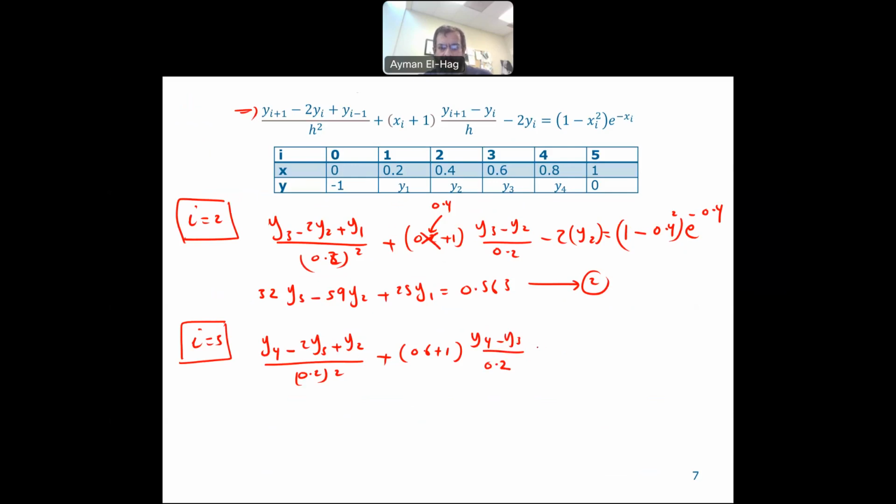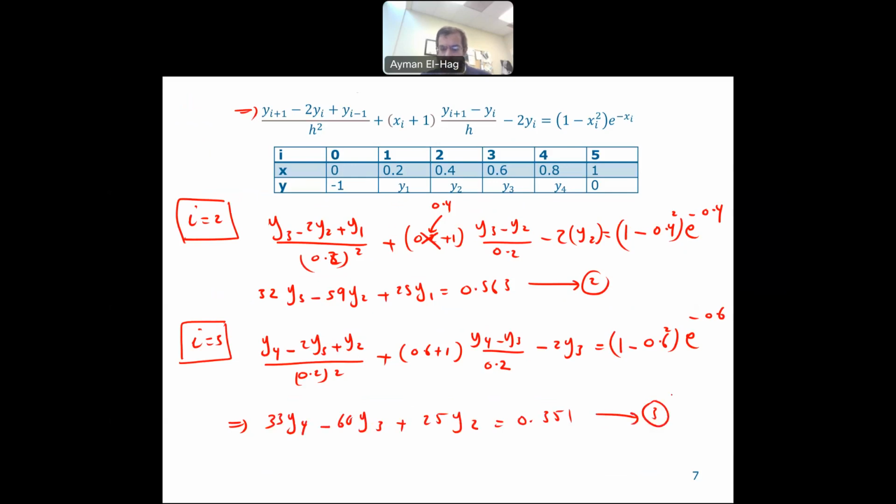Minus 2y3 is equal to 1 minus 0.6 squared e to the power of minus 0.6. When we simplify the equation, we get the third equation, which is 33 y4 minus 60 y3 plus 25 y2 is equal to 0.351, and that is my third equation.